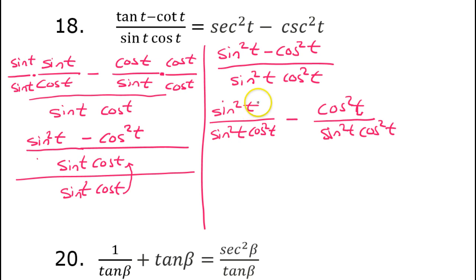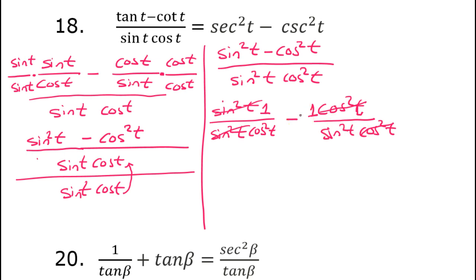Now you can probably see that I can cancel out the sine squared t's. I'm going to need a 1 up there, and I can cancel out the cosine squared t. And again, I'm going to need a 1 up here, kind of like a placeholder.